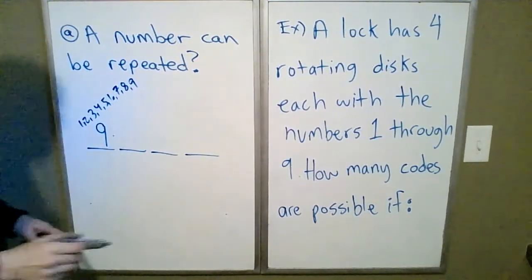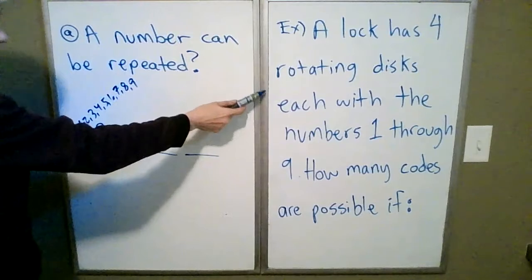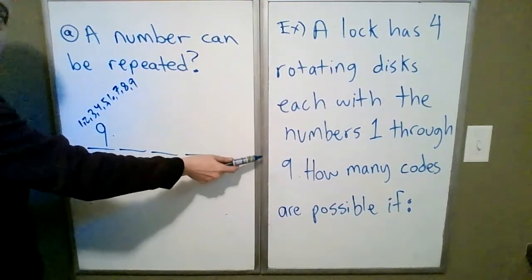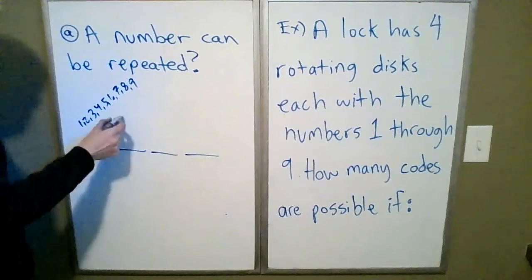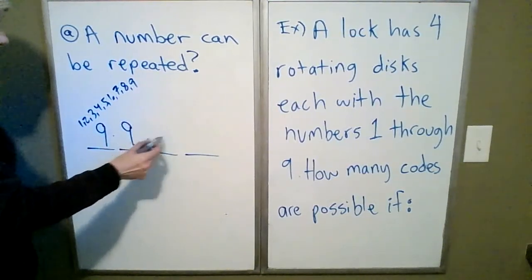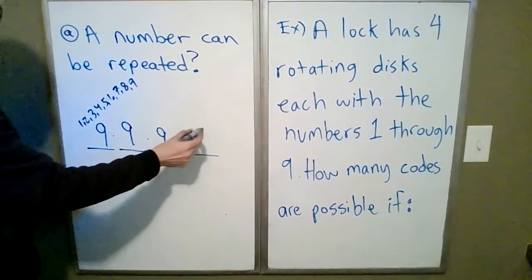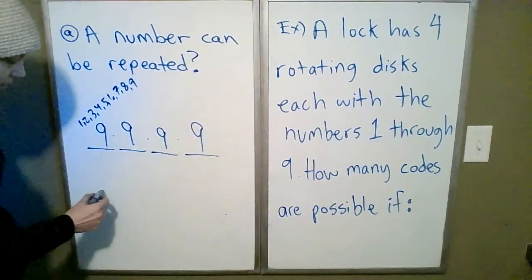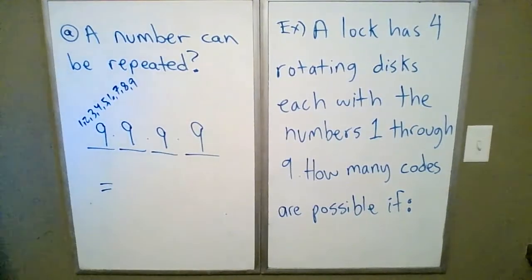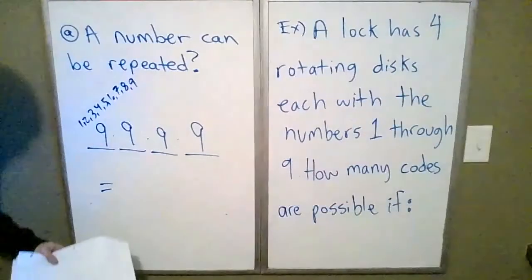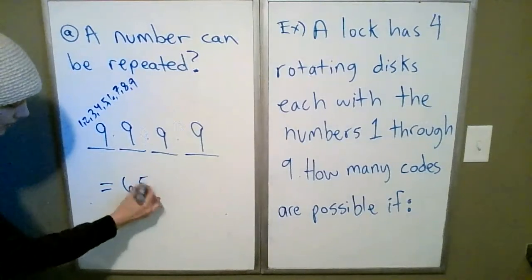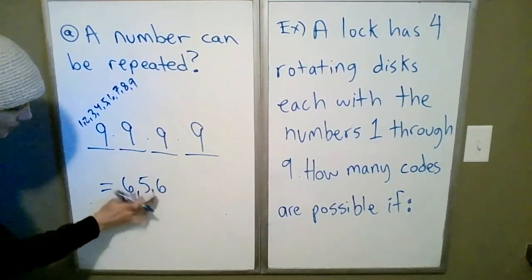And then you go to the next disk and you can use any of the digits again, because you can repeat the same number if you want to. So another 9 choices, and 9 choices. So this is 9 to the 4th, which would be 6,561.